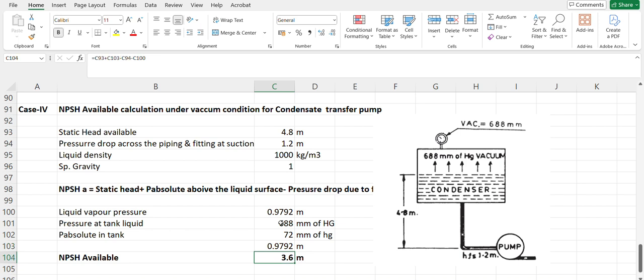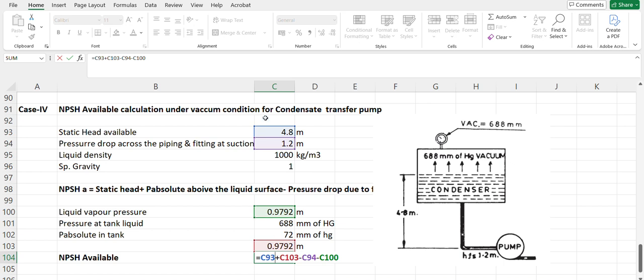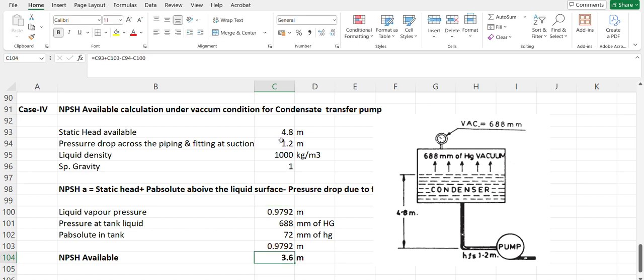So we simply calculate the NPSH available as the static head minus vapor pressure plus P absolute and minus the delta P across the pipe and fittings. So for this case, our calculated NPSH available is 3.6 meters.